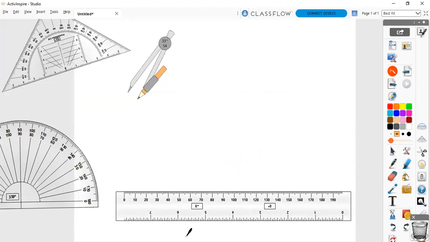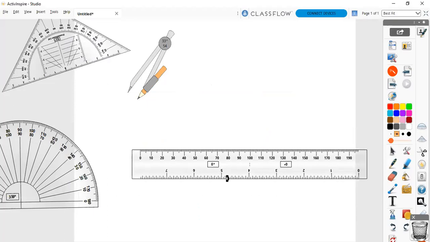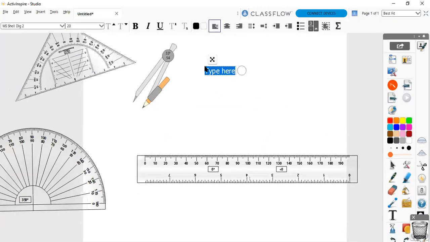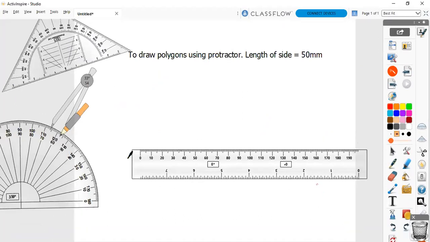Initially, what we are going to do is draw one line. If I wanted to draw a polygon, for that we use this to draw polygons by using the protector. Length is equal to 50 mm. So first of all I will draw one horizontal line from 0 to 50.